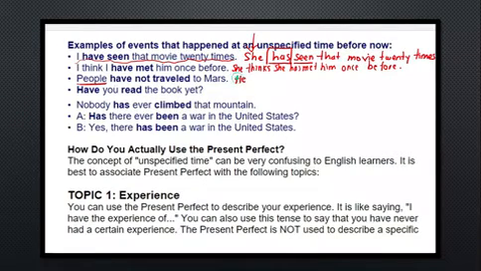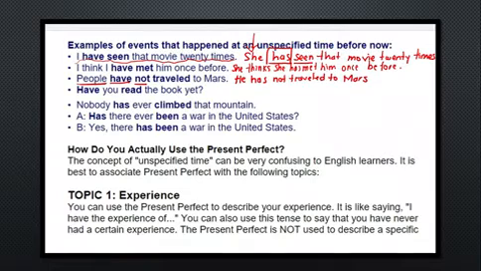He has not traveled. He has not traveled to Mars. Él no ha viajado a Marte.